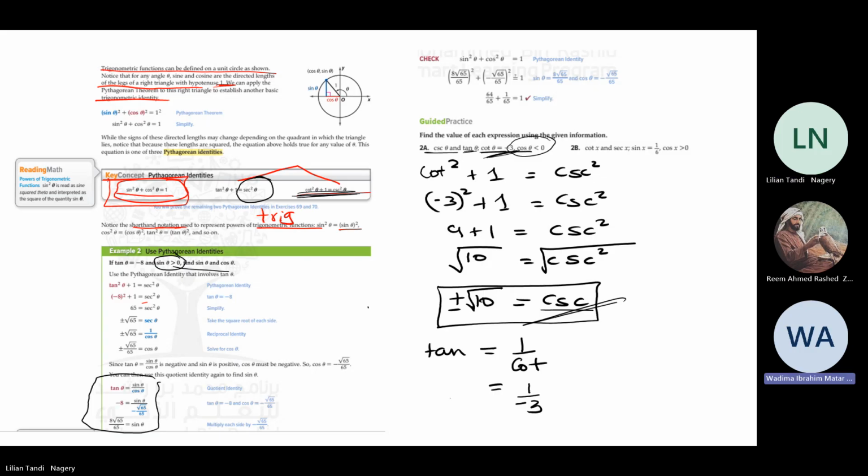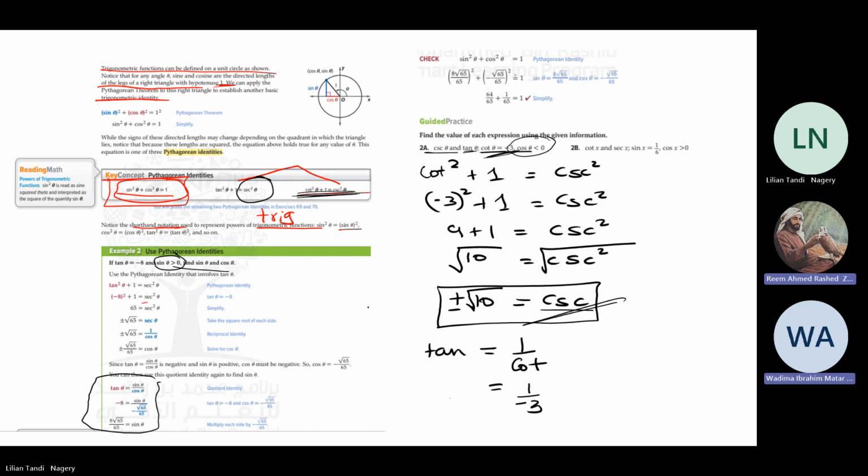Miss, this is correct. Tan theta equals 1 over -3. Okay. Hassan, you finished? Yes. Because we want tan, right? But we were told cos has to be greater than 0. Okay, so tan can be negative, I guess, in this question. Yes.